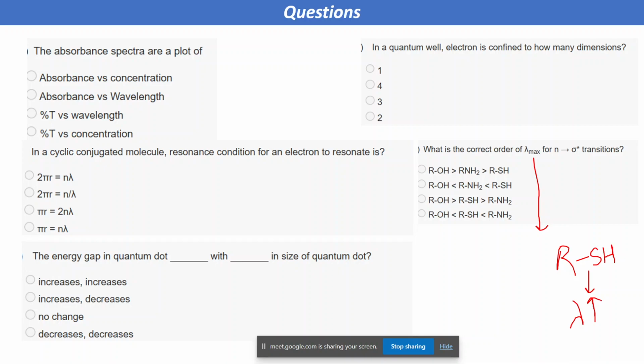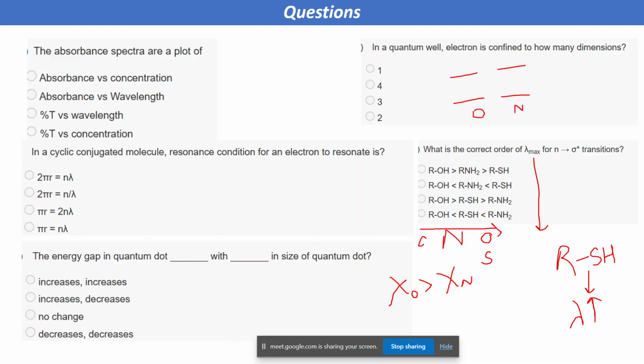Electronegativity decreases down the group. Like it's carbon, nitrogen, oxygen, so here the electronegativity of oxygen is more than nitrogen. What happens is that on electronegativity, suppose your HOMO-LUMO gap is here, for oxygen and for nitrogen.